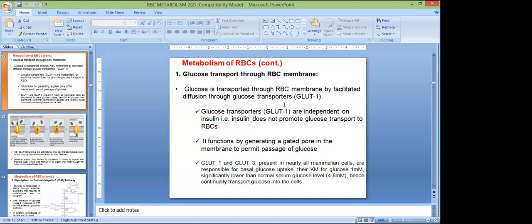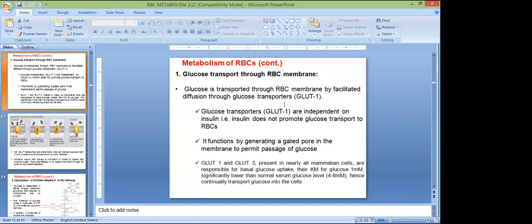RBCs have GLUT1. Just to remind you, there are majorly 4 glucose transporters, GLUT1 to GLUT4. GLUT1 to GLUT3 do not need insulin; the glucose will enter, they do not need insulin to open. But GLUT4 needs insulin. GLUT4 is majorly located in adipocytes and in muscles.